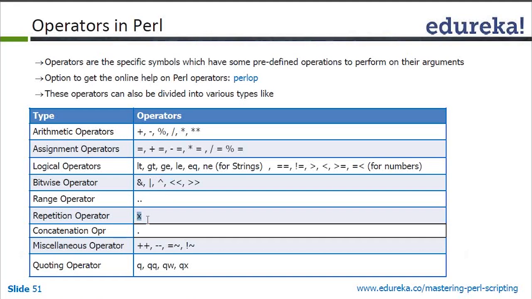You can write a small code and just print, and you can specify after x how many times you want to print it. So it will print that number of times. And the concatenation operator is for when you want to concatenate two expressions, or if you want to print and concatenate, you can do that. As and when we go through the examples, we will take this.